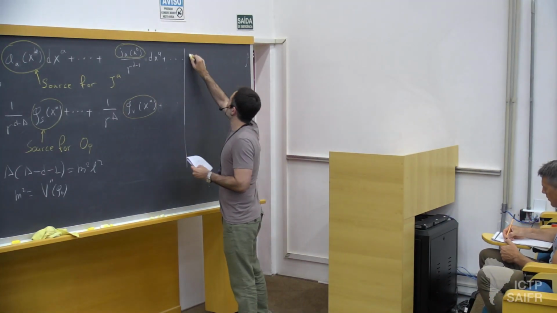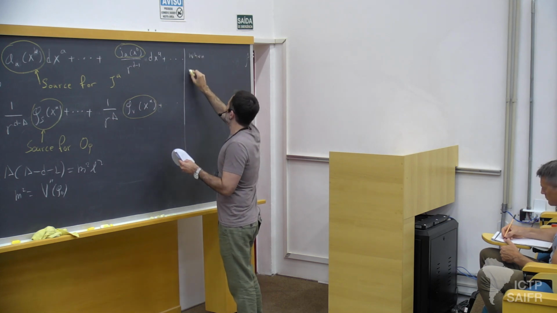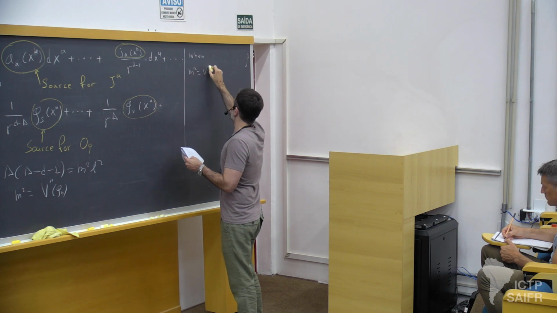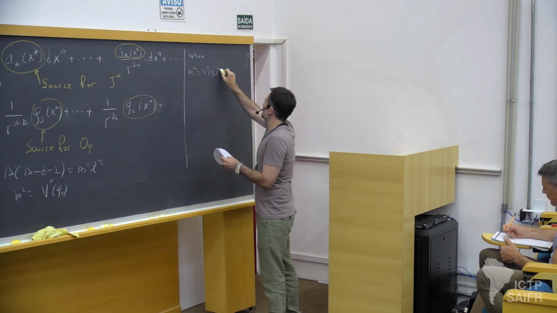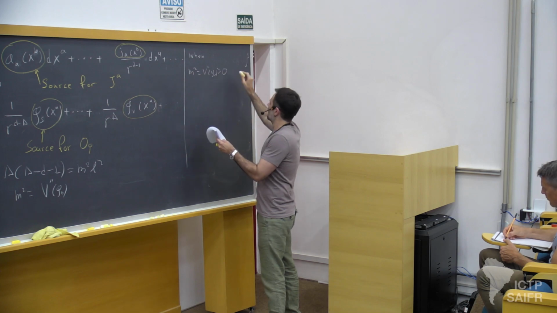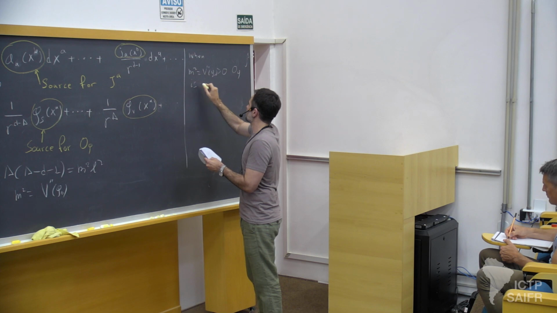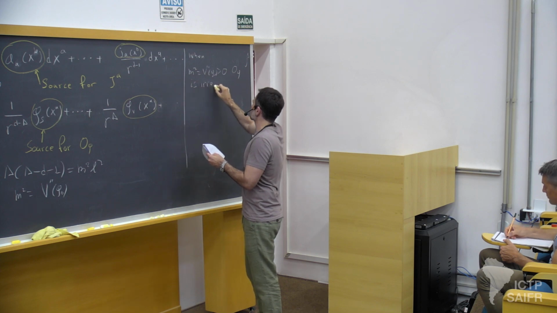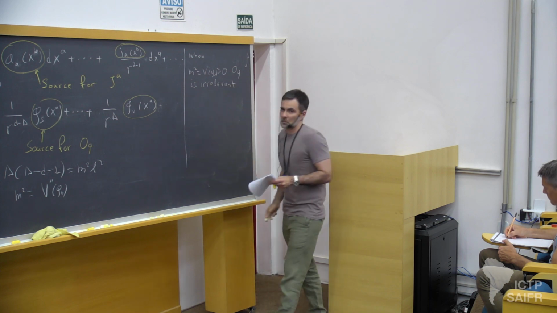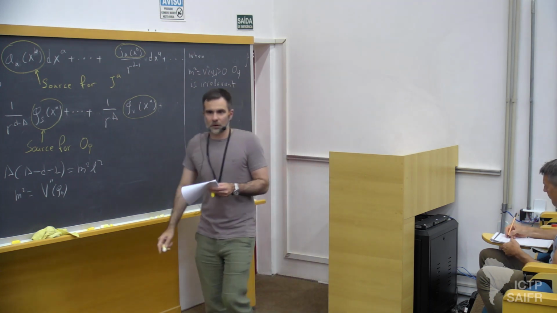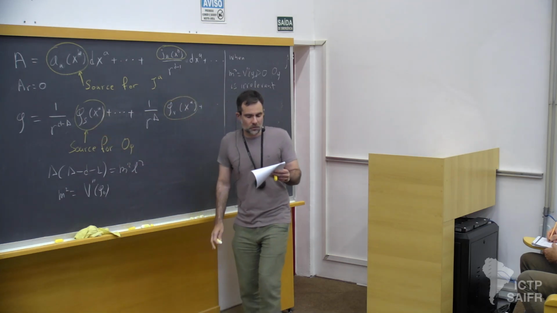When m squared, which is again the second derivative of V at phi naught, is a positive number, then the dual operator is irrelevant. Okay, so I cannot just use it to deform the theory. That would completely destroy the UV fixed point.